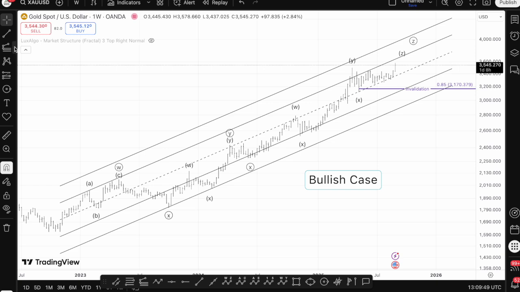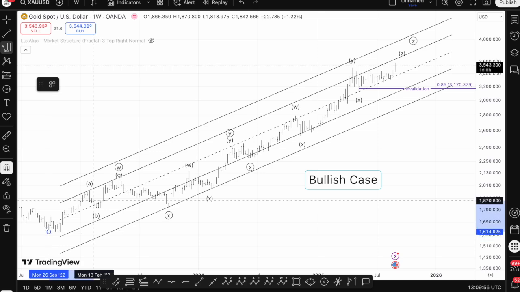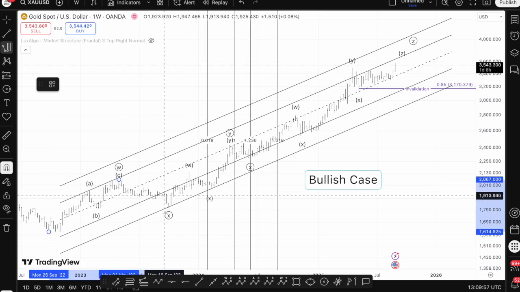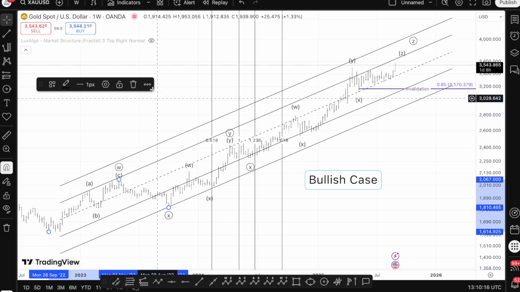These are the fib targets, and we could be talking about some time zones based on this extension. As you can see, leg Y is well within the range of possible time zones in terms of the Elliott Waves theory. So as of now, that is why I'm counting it like this.